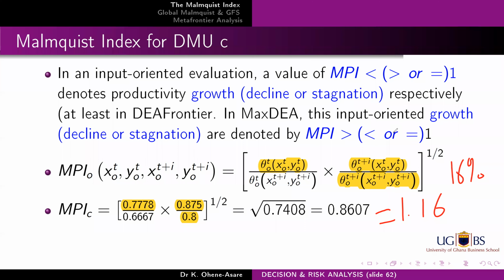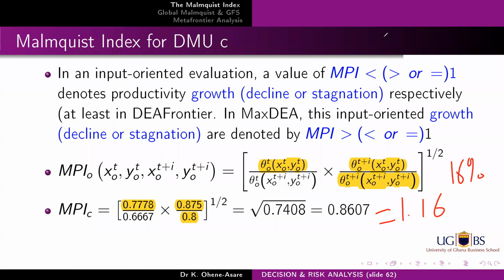It's interesting to measure this because you remember that C was inefficient in both periods. But you can see that using productivity, you can determine a certain trend. Even though C is inefficient in both periods, it is progressing.